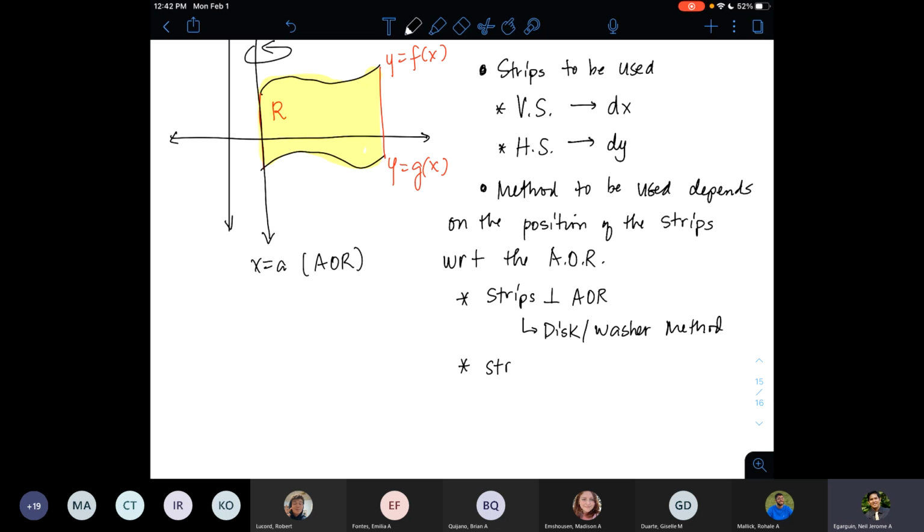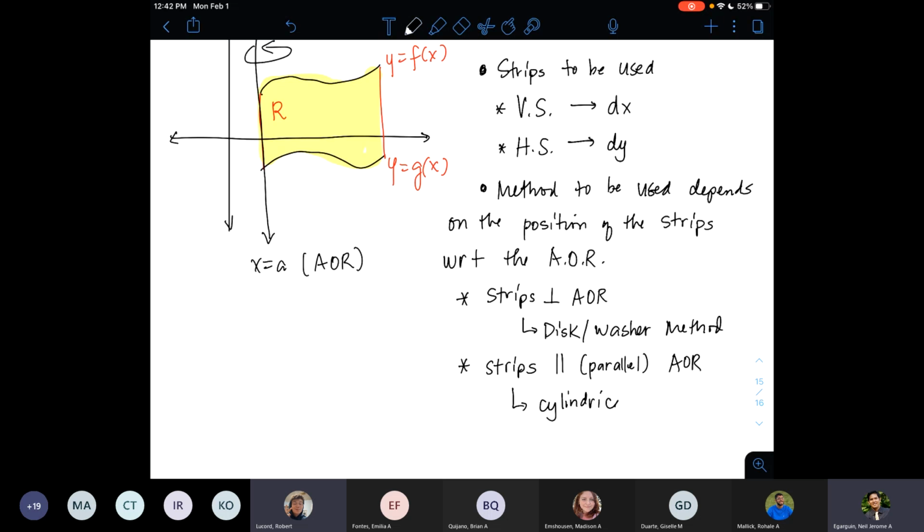But if your strips are parallel, I'll use the double line to denote parallelism between two lines, so if the strips that you will use are parallel to the axis of revolution, then you will use cylindrical shells.